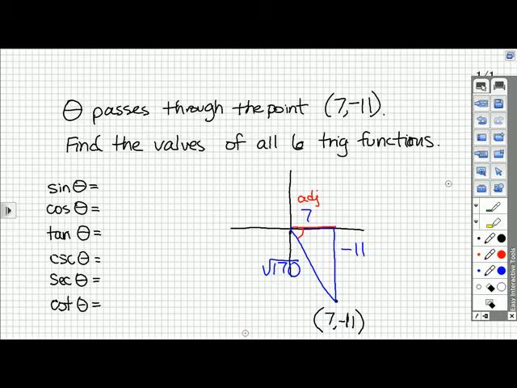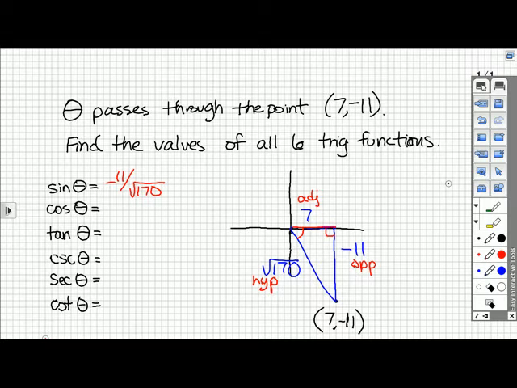If this is our reference angle, across from it is opposite. And hypotenuse has to be across from your right angle, so hypotenuse has got to be that one. Okay? So sine is opposite over hypotenuse.